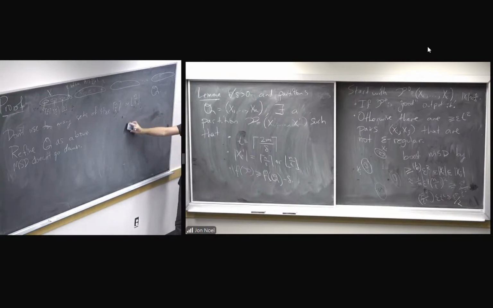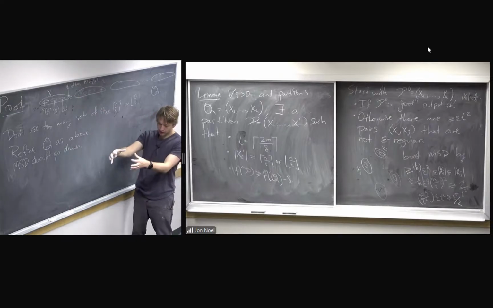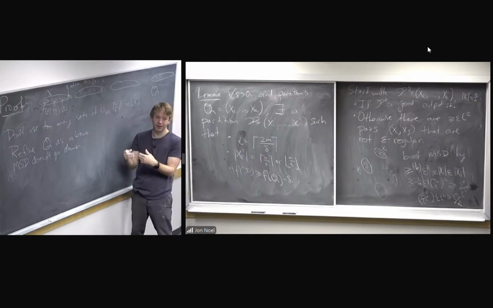Okay, and then all we do is we say, take all the leftover stuff, put it all in a big blob, and then chop it up into sets of the right size completely arbitrarily.